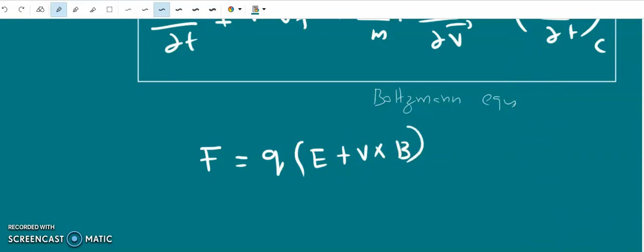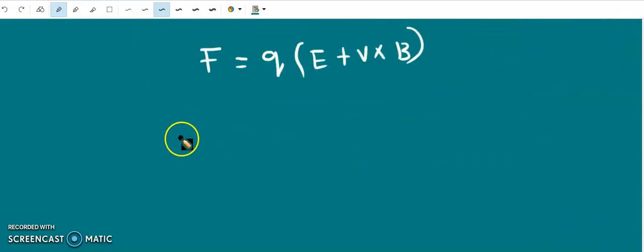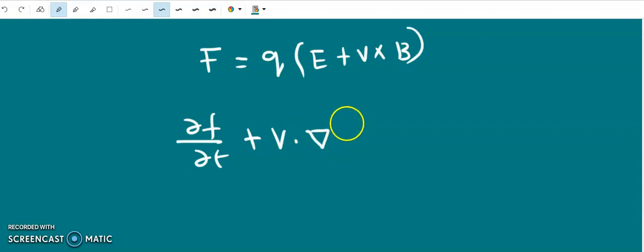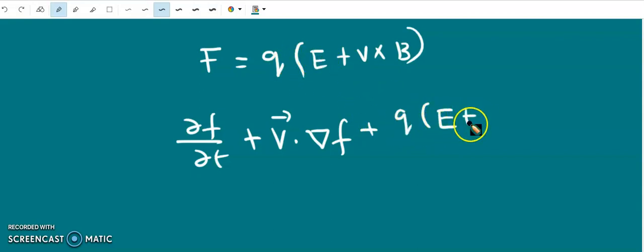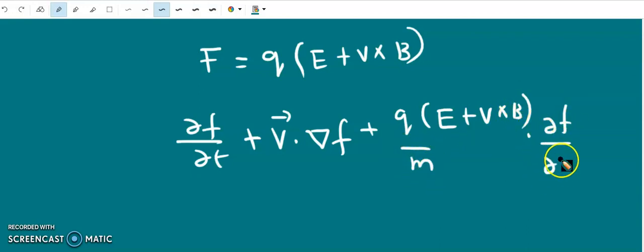So then this equation changes to ∂f/∂t plus v dot gradient of f plus F, replaced by q(E plus v cross B)/m, dot ∂f/∂v vector, equal to 0, since the collision term on the right side is 0.